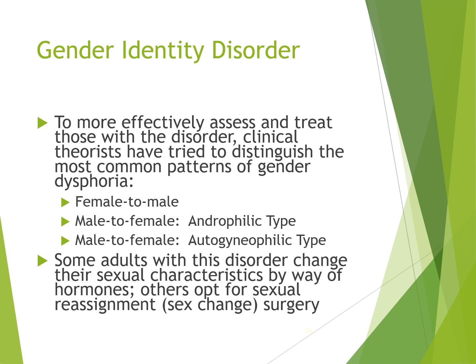So yes, there's one we call the androphilic type, and then the male to female, the autogynephilic type. So clinicians have a big role in preparing clients who would want to go for surgery so that they can be assigned the gender they feel comfortable with. You need to prepare this client appropriately, look at all the consequences, look at all issues involved, and have the client adjust psychologically in preparation for these issues.